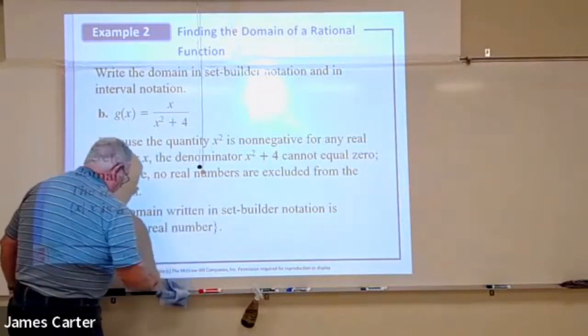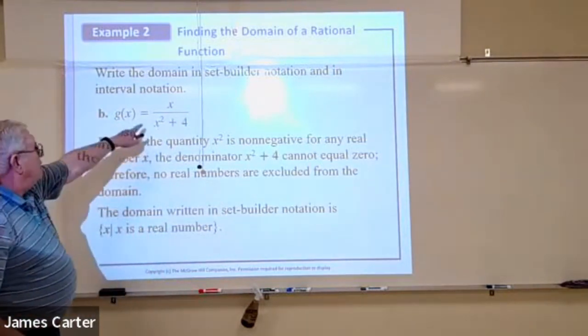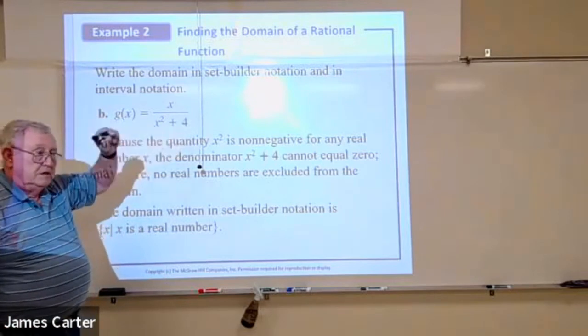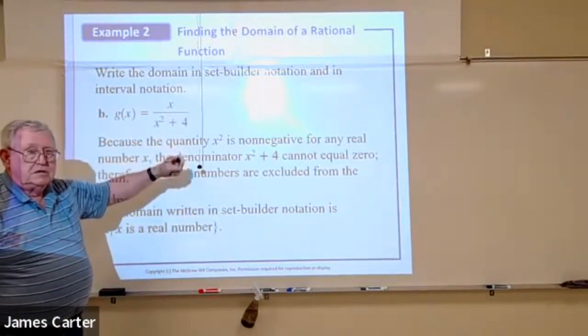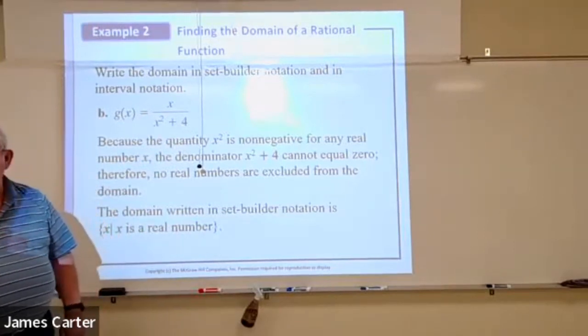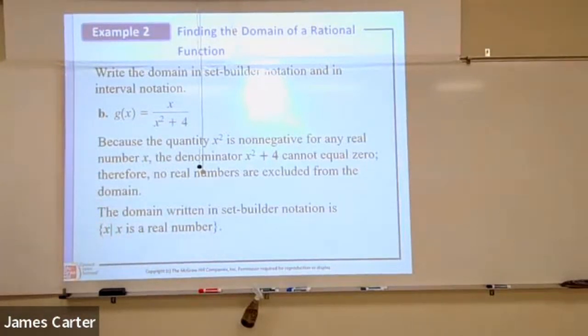Okay, well, anyway, that thing right there can't factor. So basically, it's any real number because the unreal numbers are already eliminated. What is the interval? Again, any real number.